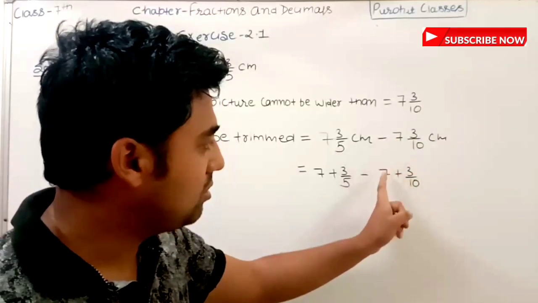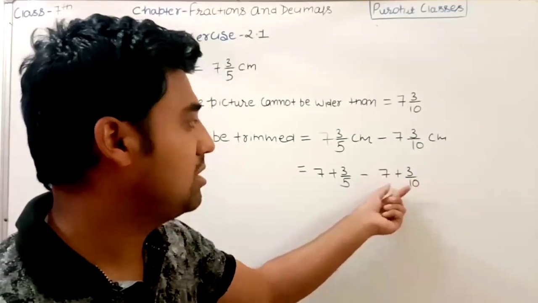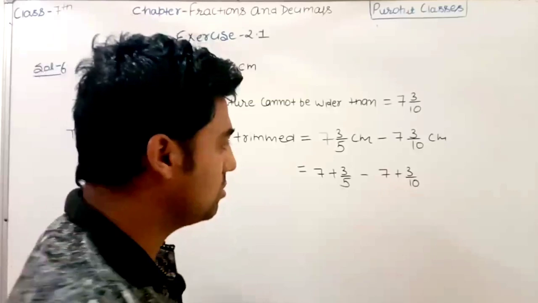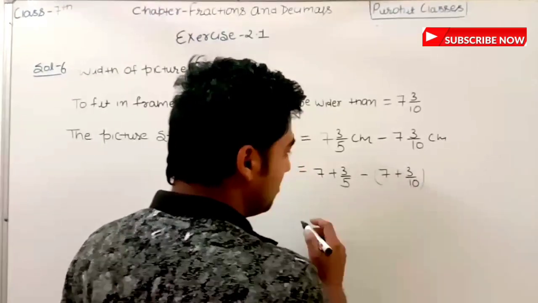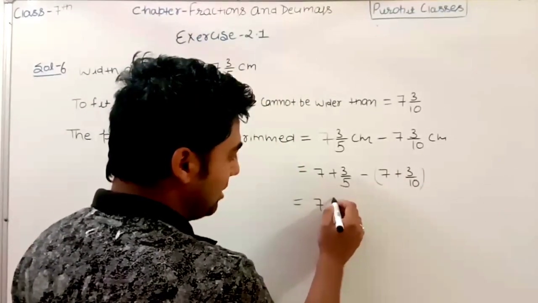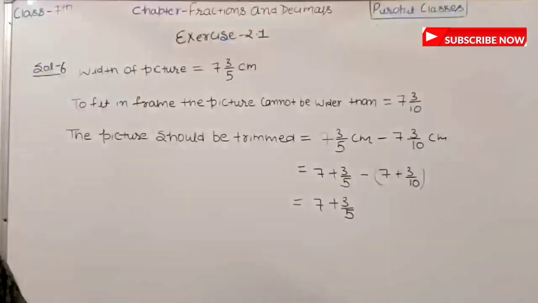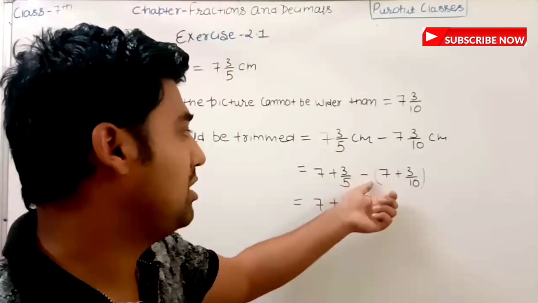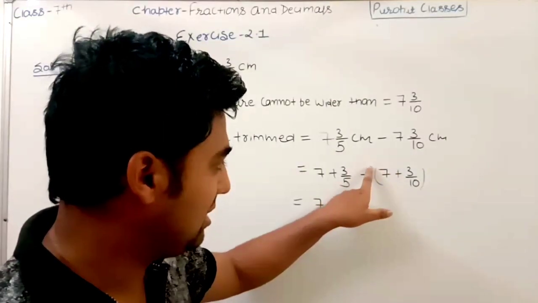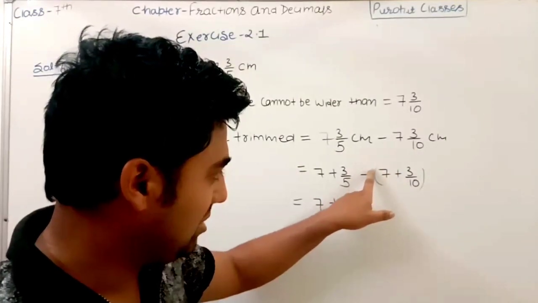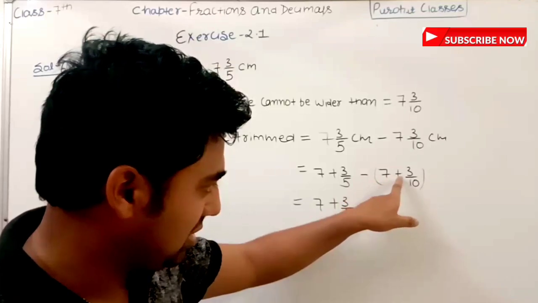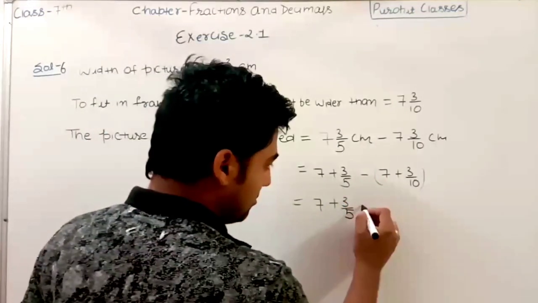If we expand this as two terms, we will have to use a bracket. After using the bracket, we will distribute, as we have understood, distributivity of multiplication over addition. So here we can read minus 1, here we can read minus 1, so this will be minus 7 and this will be minus 3 upon 10.